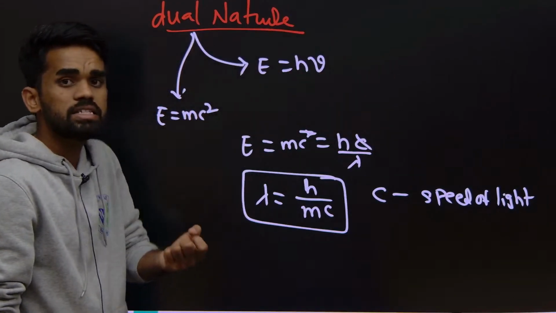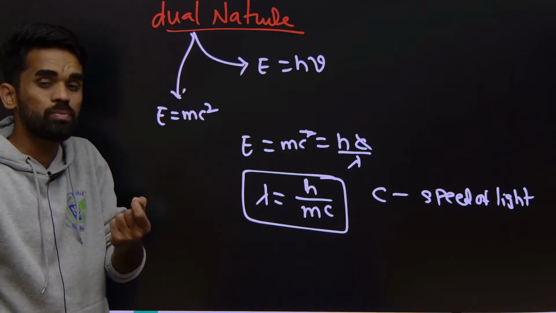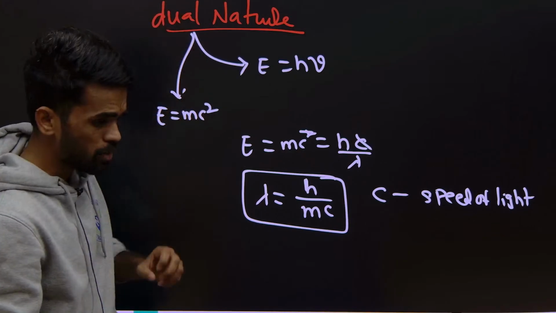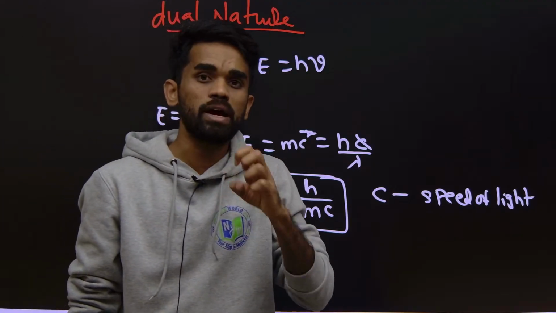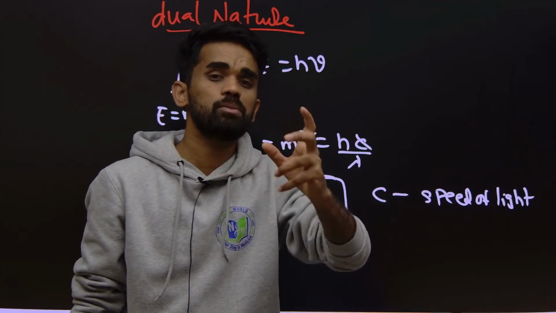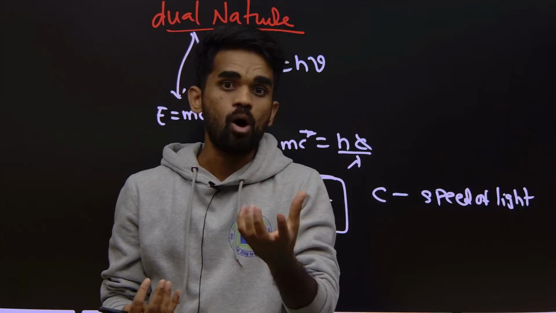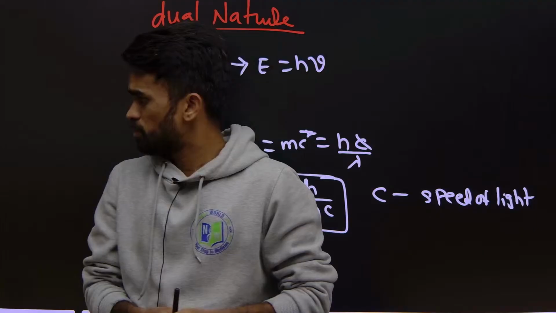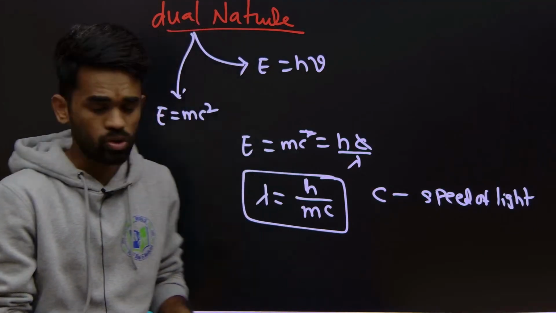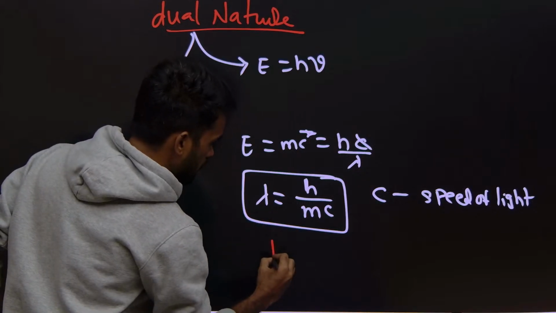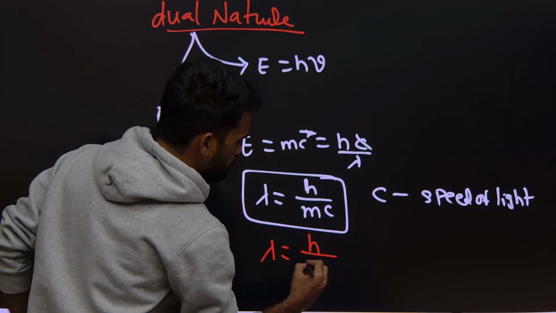Now in the case of any microscopic particle, why am I using microscopic particle? Because de Broglie's hypothesis is applicable only for microscopic systems, it won't be applicable for macroscopic systems like big balls, whatever particle you are considering. So for microscopic particles like an electron, I can write lambda equals h by mv.